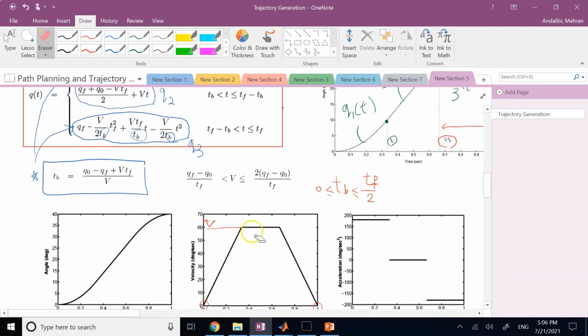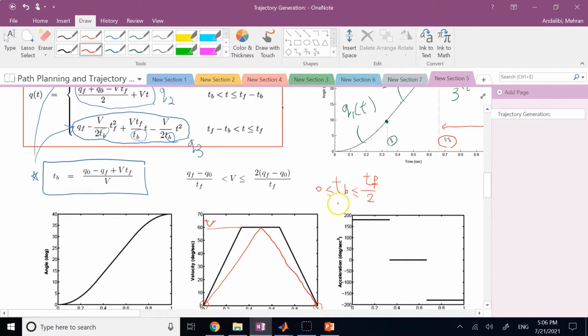If you make it equal to, it means there is no period of constant V. You directly go up like this, and you directly go down like this, okay? There is no time during which V is constant when T blend is equal to half of T final. When you make it 0, it means literally you're going straight up and then the whole motion is constant.